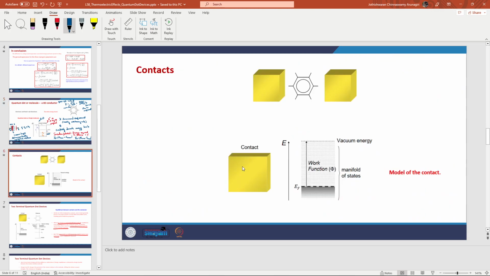Now, similarly, for bulk materials, we had this notion of work function. So what is work function? Work function was essentially the difference between the Fermi level and the vacuum energy. That is the lowest amount of energy that I need to supply to the semiconductor to pull out one electron.